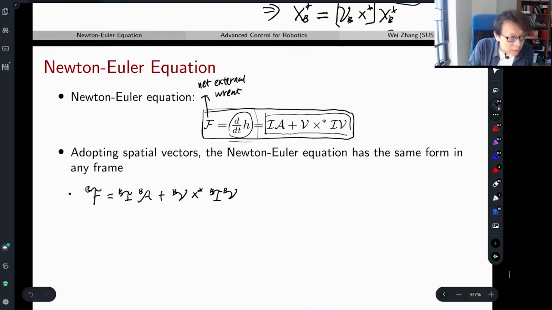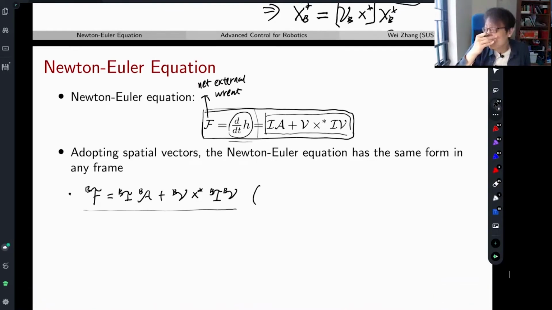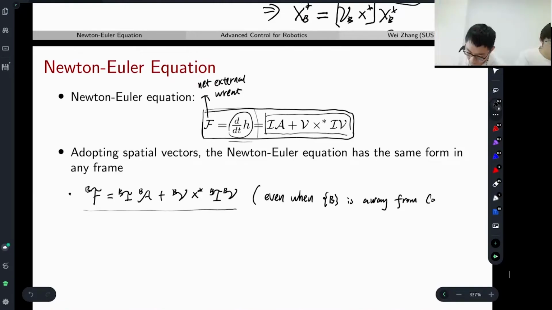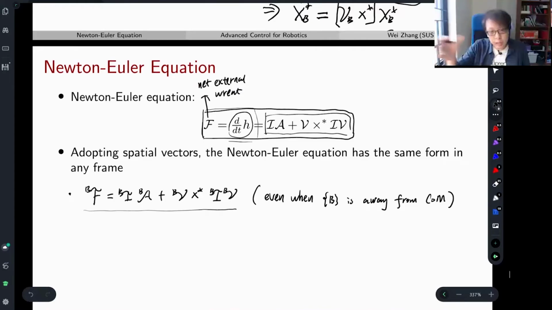So I can choose A or B. This B can be arbitrary, and they will have exactly the same formula. When you do derivations with other approaches, oftentimes you need very ugly looking equations. And this is true even when B is away from the center of mass, COM, or moving at another velocity. Either way is fine.